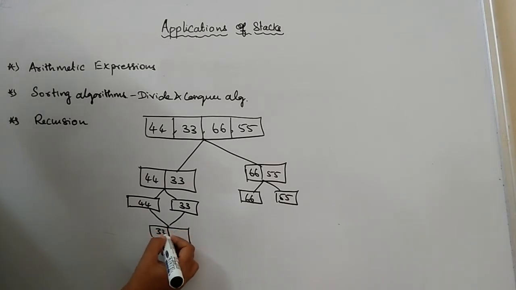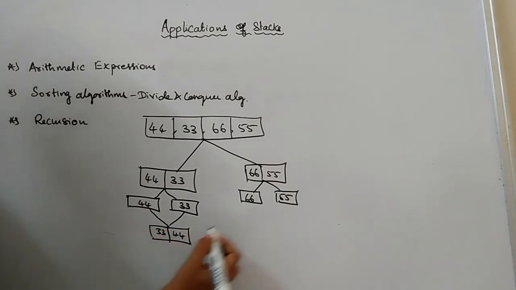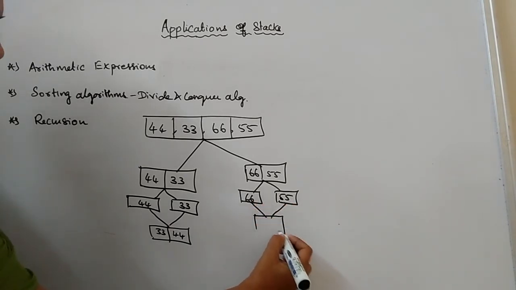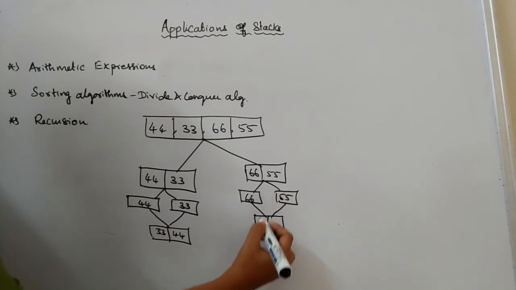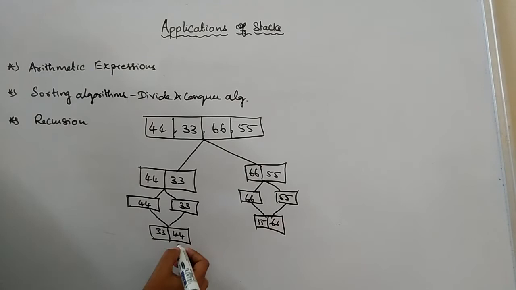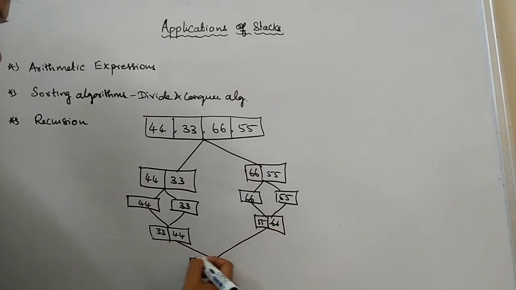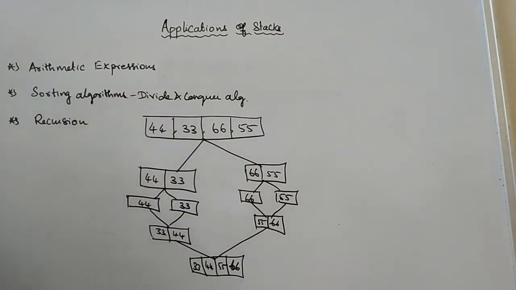So I will get 33 and 44, and here also I am going to combine them. I will have 55, 66, right? Then I am going to join these two subsets and sort them here. So I have 33, 44, then 55, 66. So you just notice one thing here.